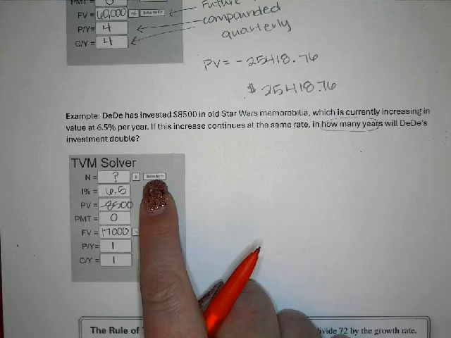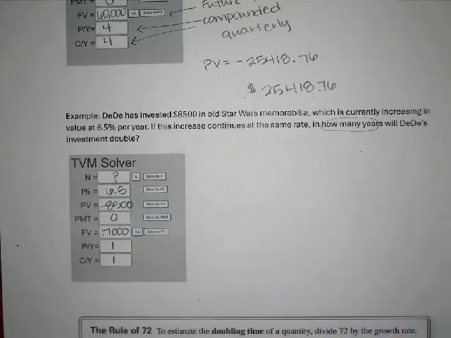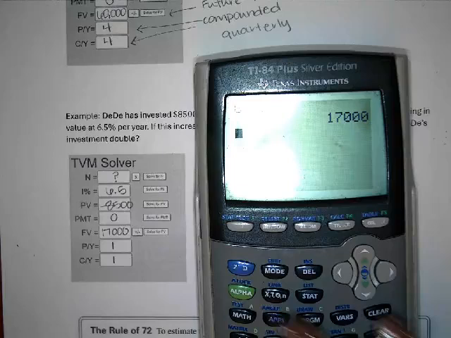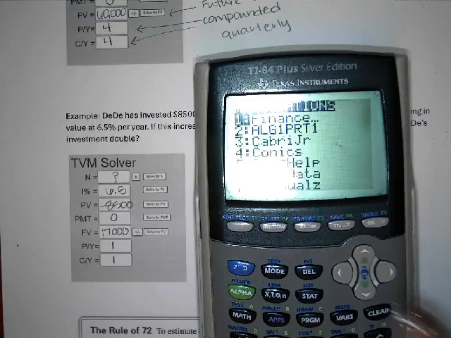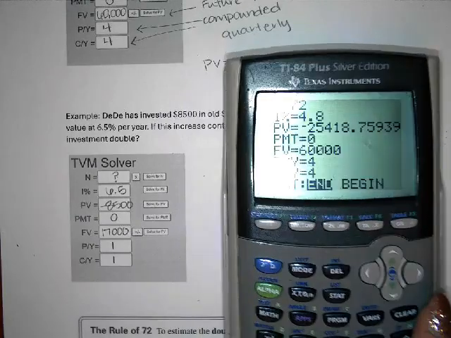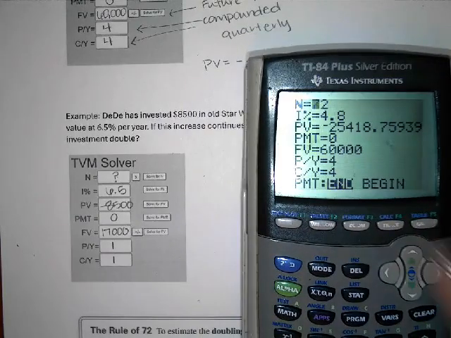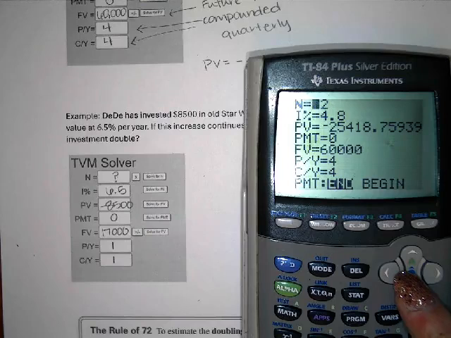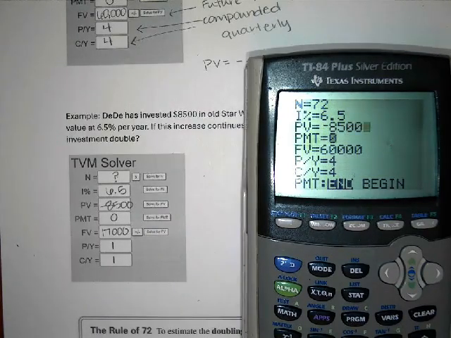So I'm going to hit the apps button and press enter for finance and enter for TVM solver. And here I'm going to ignore the 72 for now. I'm going to type in 6.5, negative 8,500, 0, 17,000, 1, and 1. And then the n is what I wanted to solve for.